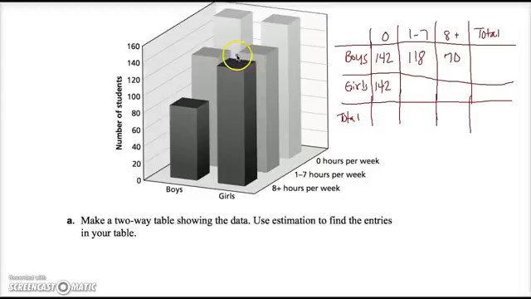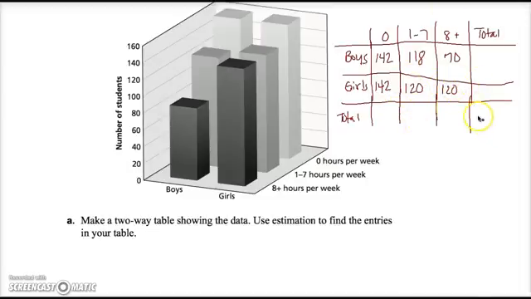And it looks like that may be, looks like it's a little higher than the boys, maybe 120. And then how many worked 8+ is this one up here. Okay, it looks about the same as the other one, so I'll say 120 again.